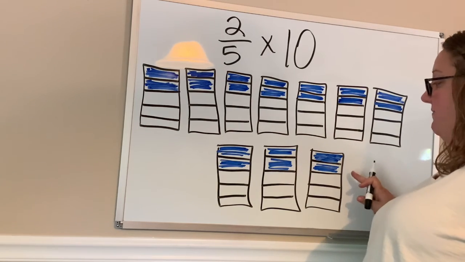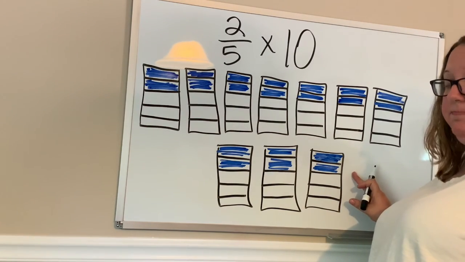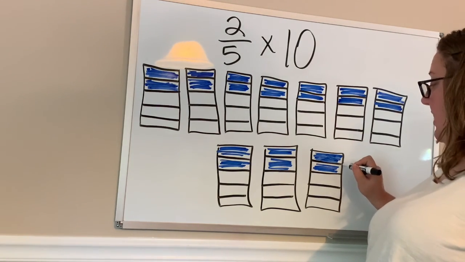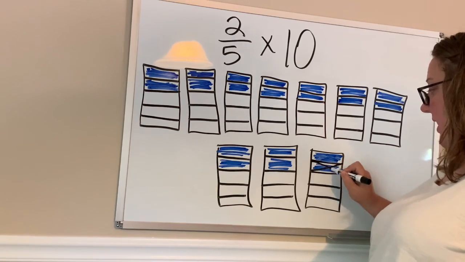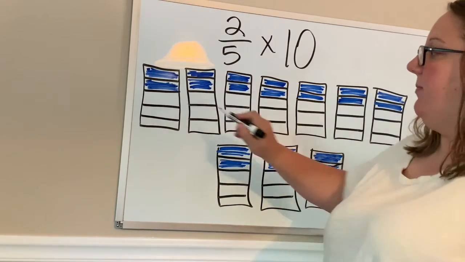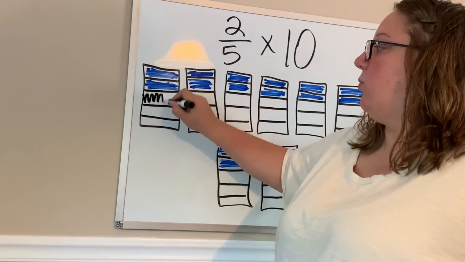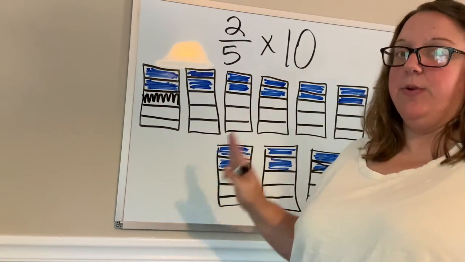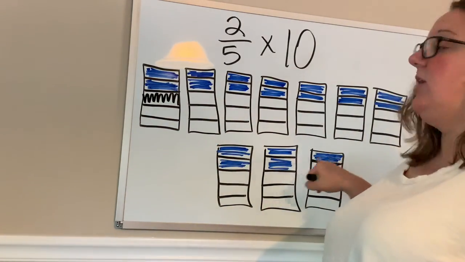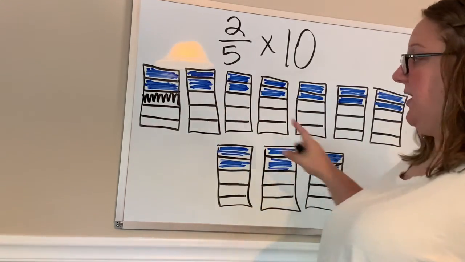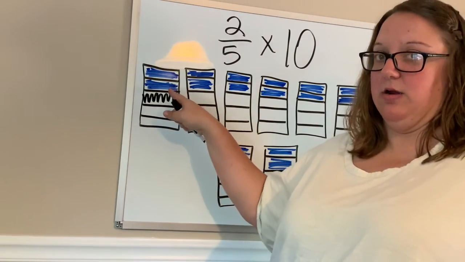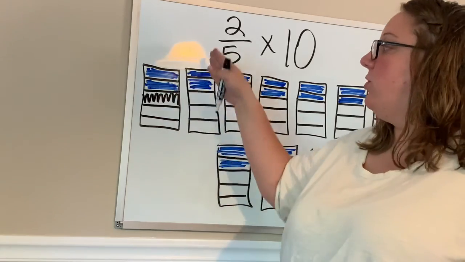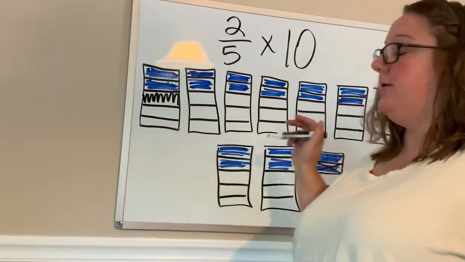I'm going to start with the very last one, okay? I'm going to take this piece, I'm going to mark it out, and I'm going to come up here and color it in right here. So basically what I've done is I have taken this piece right here and I'm moving it to right here. I'm trying to make full rectangles, okay?